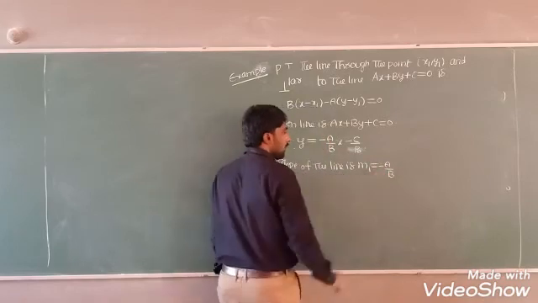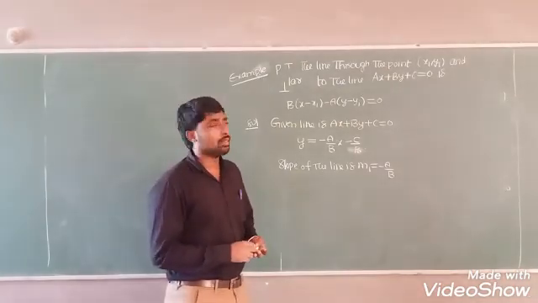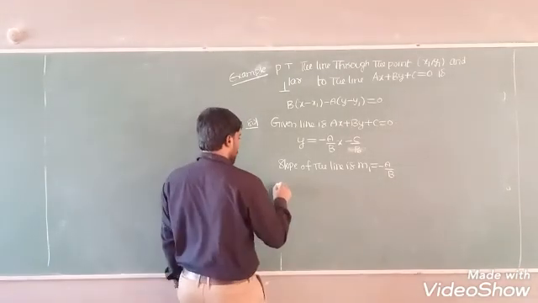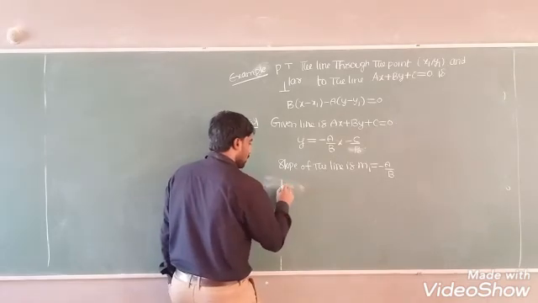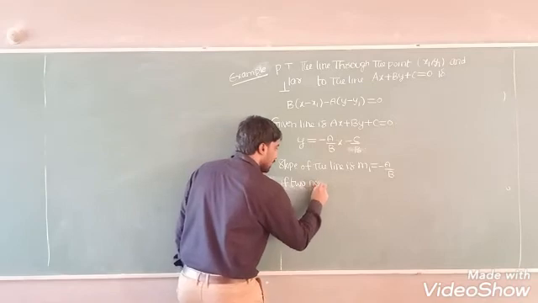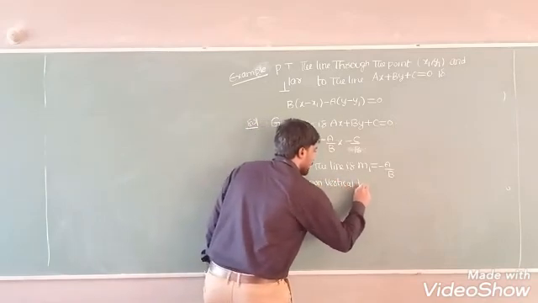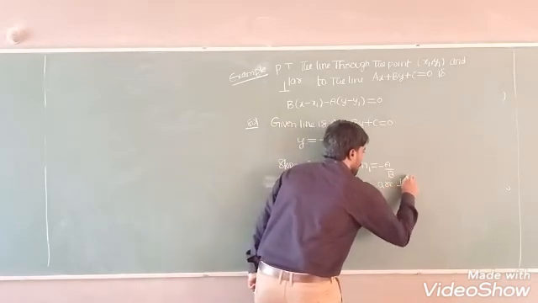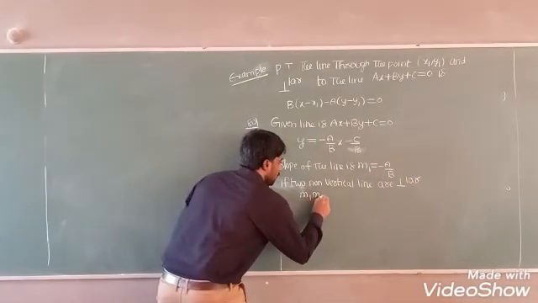Now, what they mentioned is that two lines are perpendicular. If two lines are perpendicular, what is the condition? The slopes are negative reciprocals of each other. If two non-vertical lines are perpendicular, the condition is m1 m2 equal to minus 1.